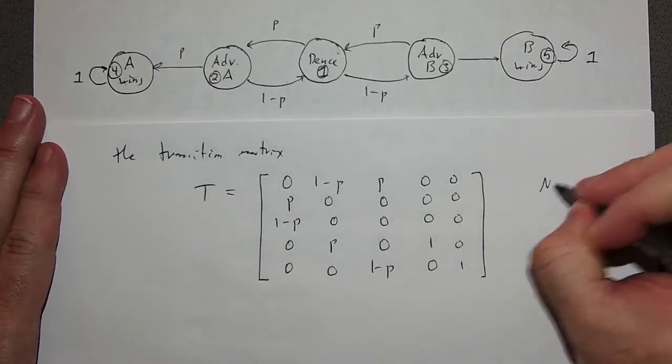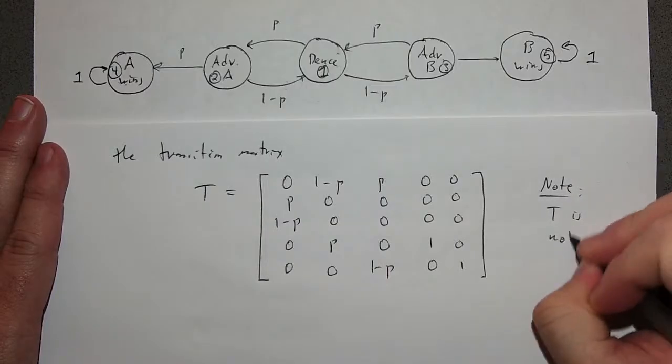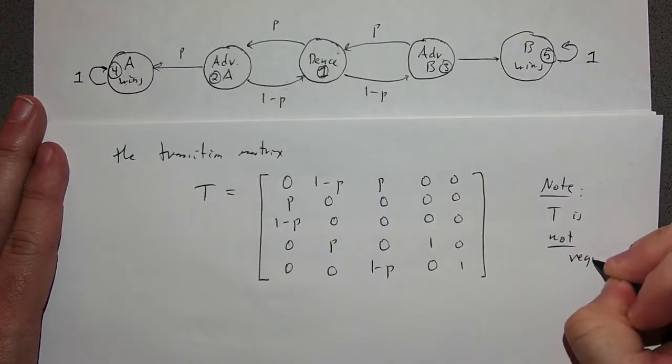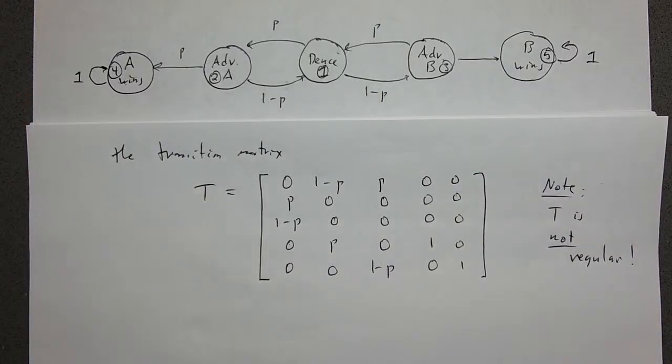So note T is not regular. Which means that I cannot use this theorem that we used before, the one that guaranteed a steady state vector. The limit was always the same regardless of our initial vector choice. We don't get that anymore, okay?